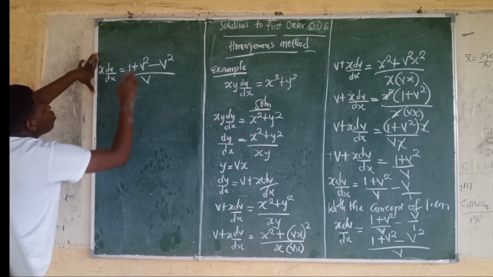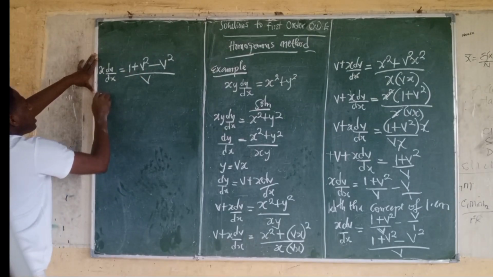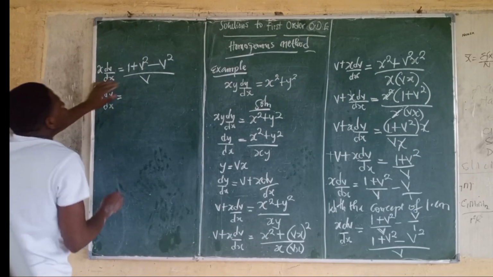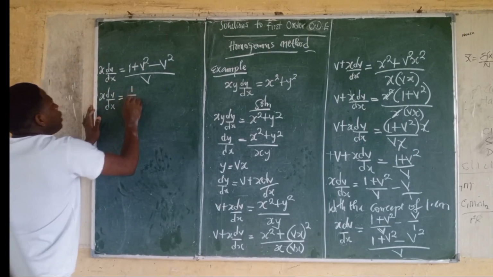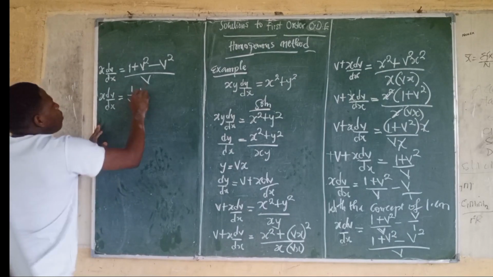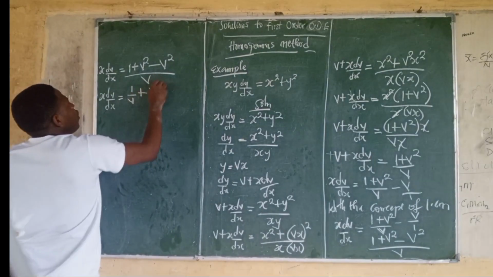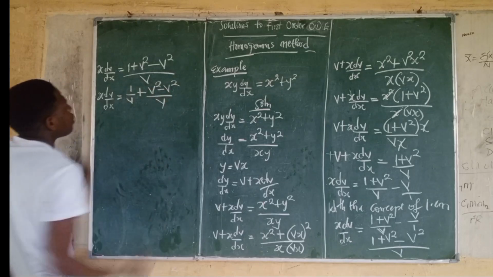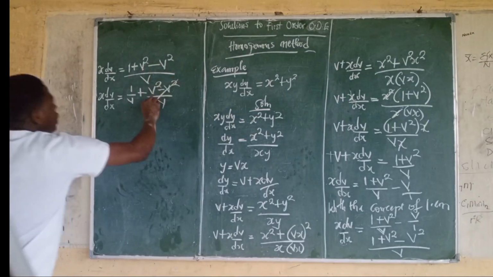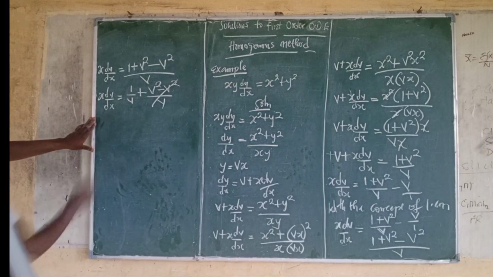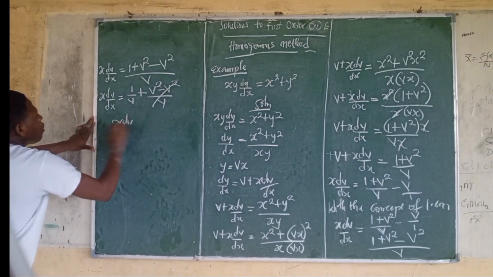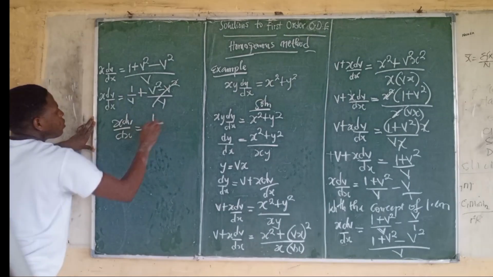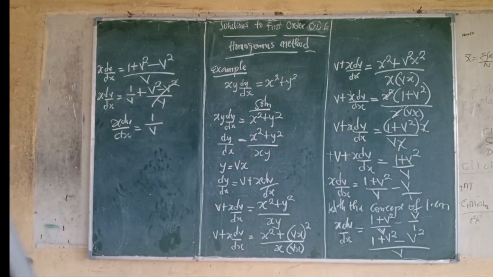Rewriting it to suit what we have here, we have x dv over dx is equal to 1 over v plus v squared over v, minus v squared over v. So this is 0, this is cancelling out. We are left with x dv over dx is equal to 1 over v.